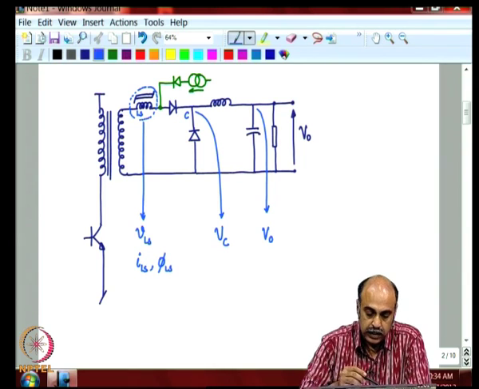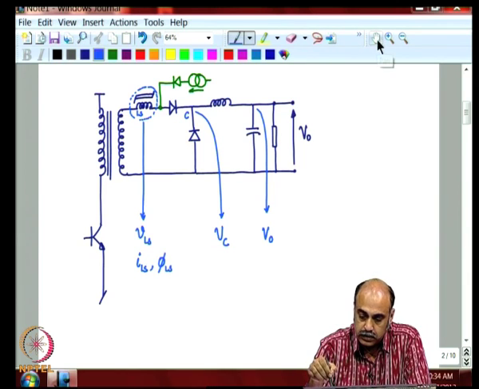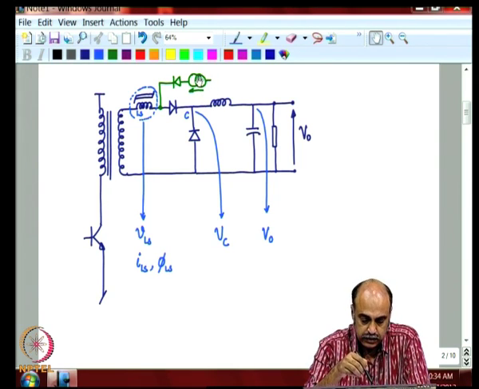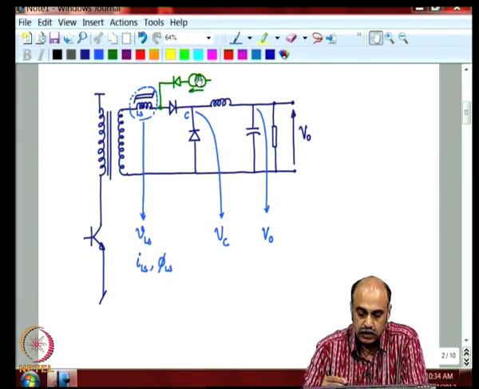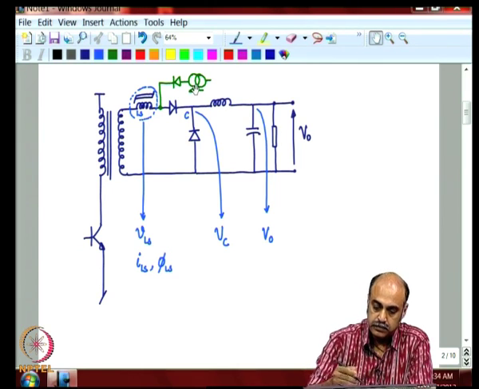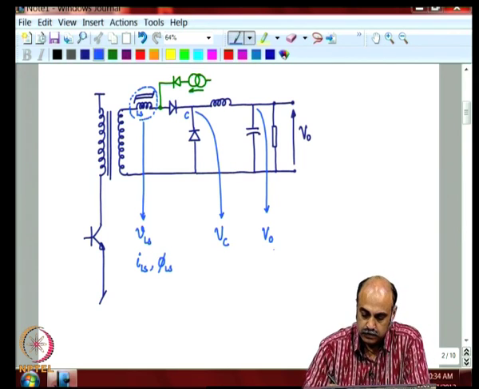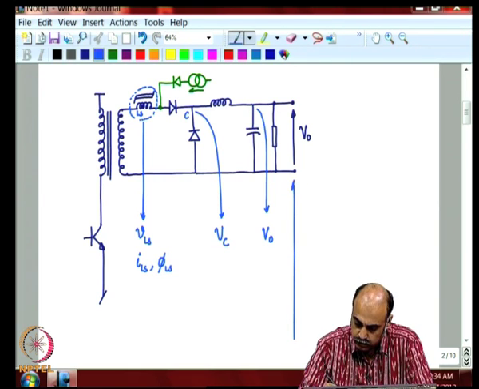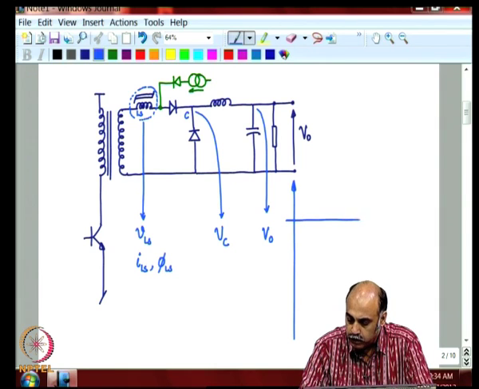And after we do that, let us look at how we are going to incorporate this controlled current source here in the circuit. So, we shall plot the waveforms here.